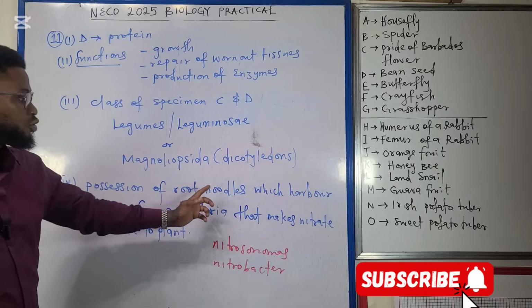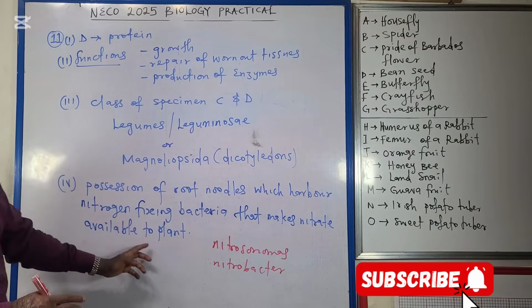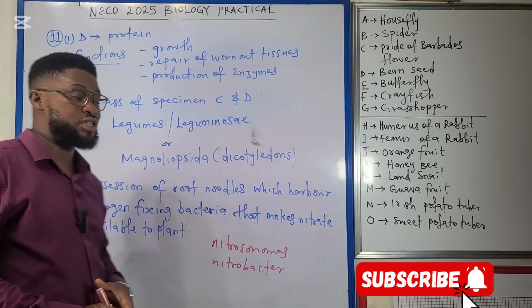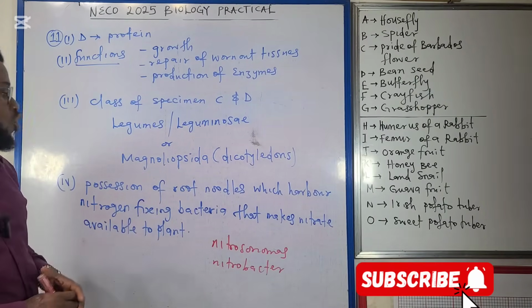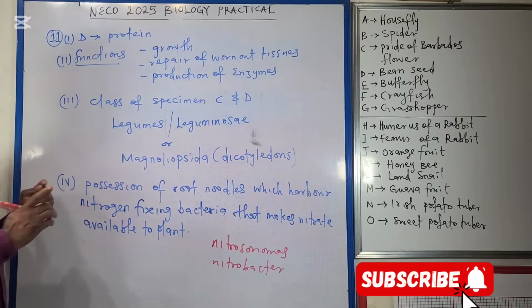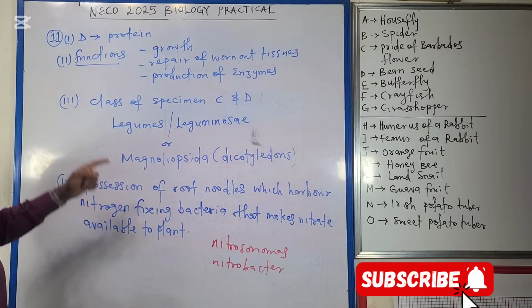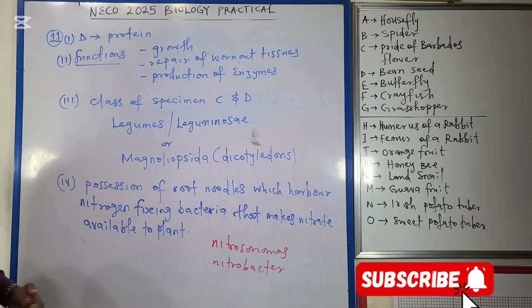Possession of root nodules which harbor nitrogen fixing bacteria makes nitrates available to the plant. Of course, nitrate is one of the macronutrients required for plant growth. So that is the agricultural importance of legumes. They make nitrate available in the soil and consequently to the plant.